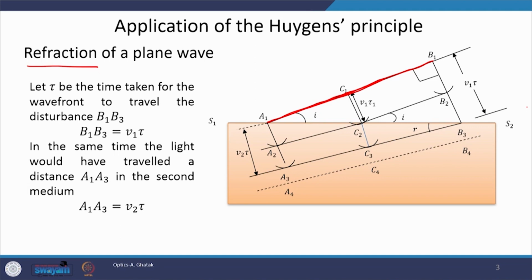Now let tau be the time taken for the wavefront to travel the distance B1 B3. Sorry, it is not disturbance, it is distance.